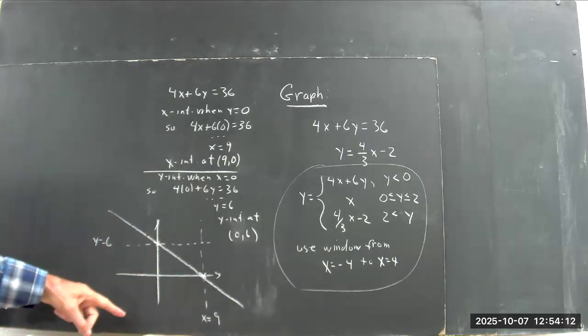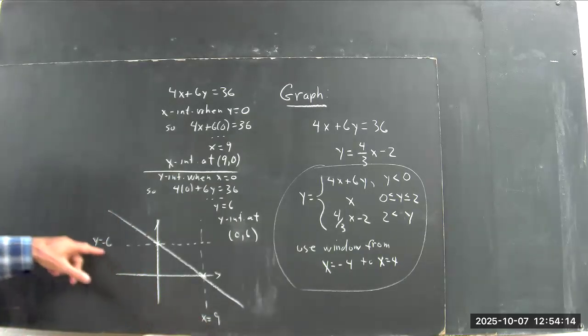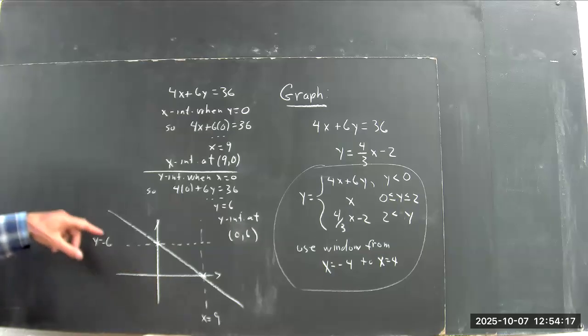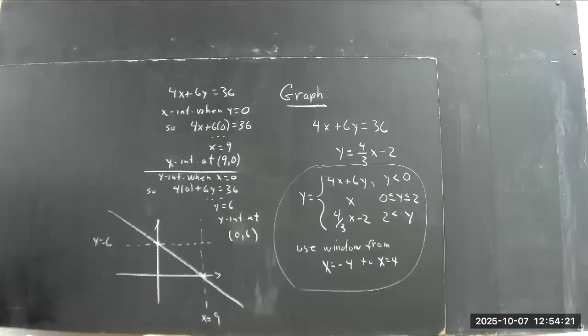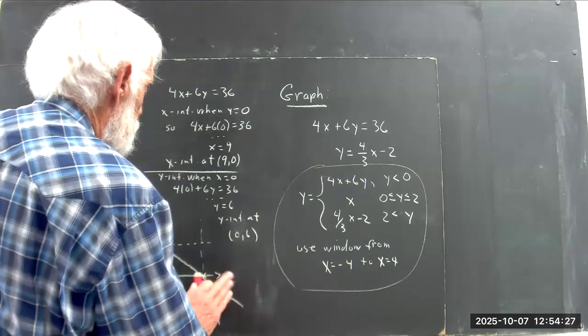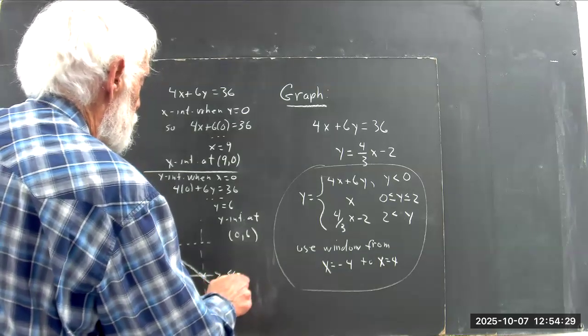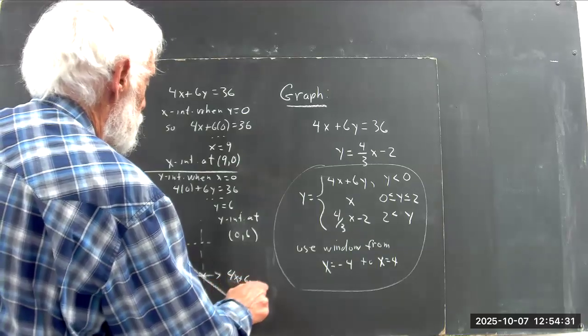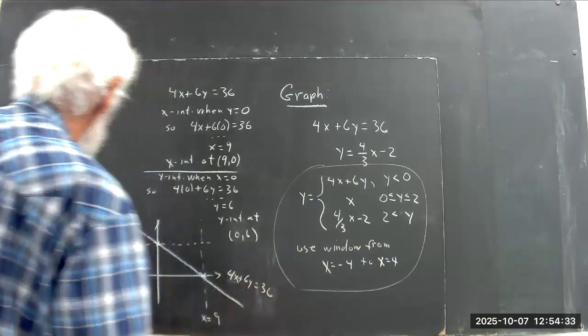You can use this as a basis for scaling the x-axis. You could use this as a basis for scaling the y-axis. Okay? Very straightforward. So here is the line 4x plus 6y equals 36.